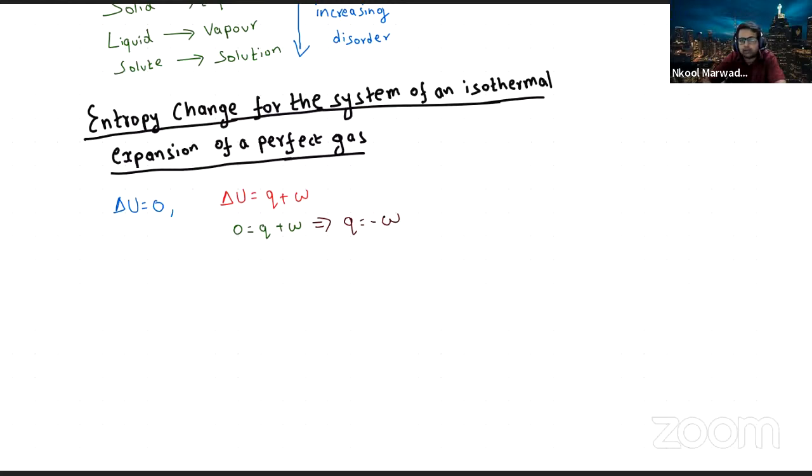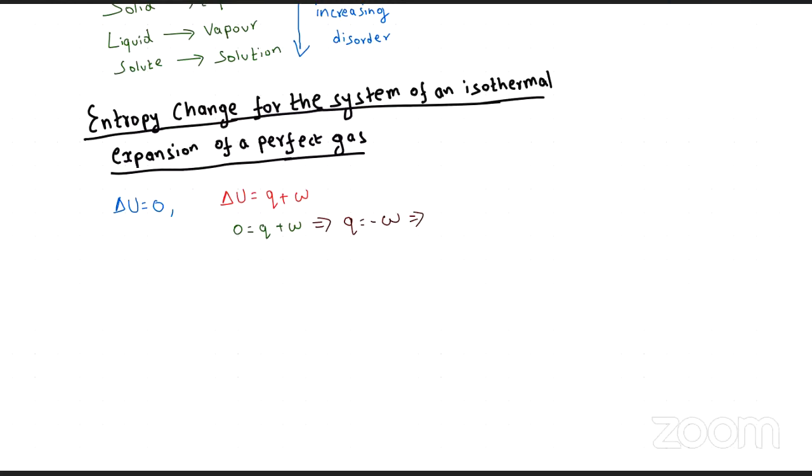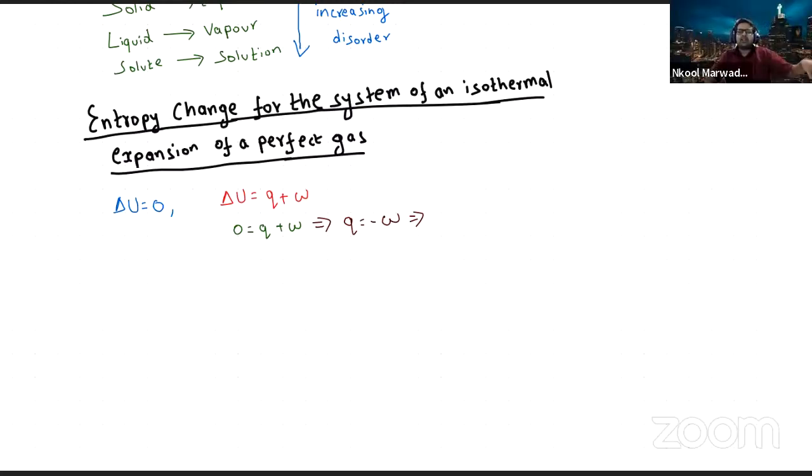And this will hold for a reversible process also, because in reverse nothing new will happen. If the condition is isothermal, regardless of whether it is reversible or irreversible, temperature will be constant, delta U will be zero, and if delta U is zero, this equation will hold.